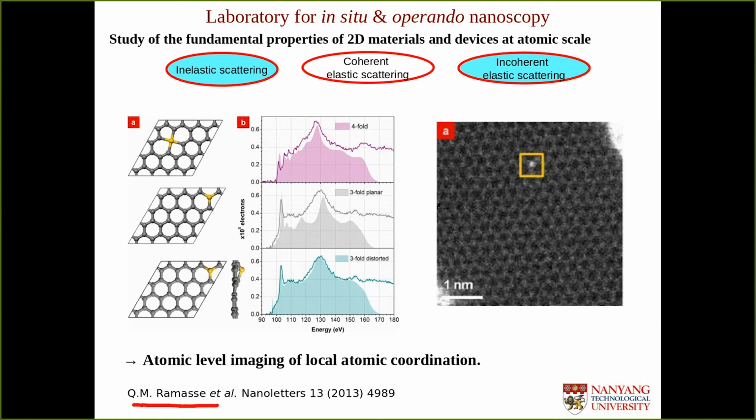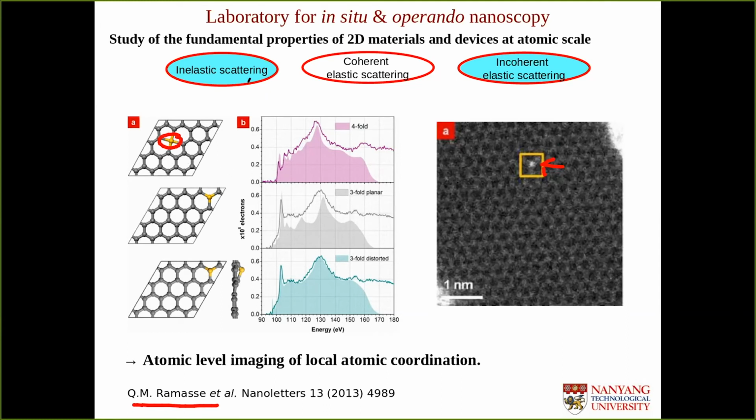What I want to show on this slide is that the author was able to image these atoms with a different contrast, brighter, so it's a different element. He identified that it was silicon, but what we don't know is the local coordination of the silicon atoms on the graphene lattice.